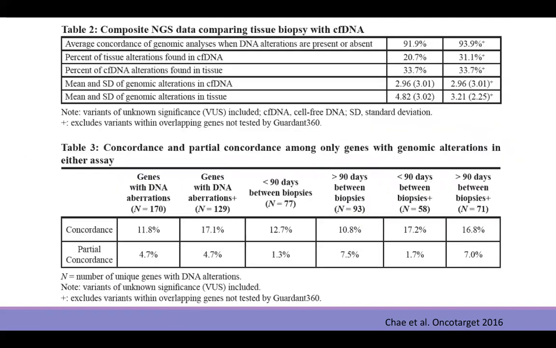And as you can see here, the concordance lies somewhere between 10 and 17%, depending on what panel and what group you look at. But remember, you don't look at concordance patient-based, you look at it mutation-based. So amazingly low, it's about 10 to 20%.